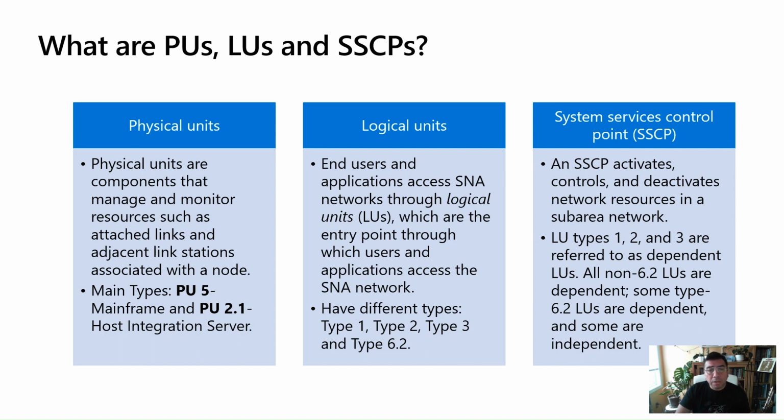For instance, we have type 1, type 2, type 3, and type 6.2. Some of these types cover screen-based interactions, some other printing interactions, because in the past mainframes managed the printers as well. And there are also the ones that support application exchanges, like the type 6.2, which is the type that we will be mostly speaking about in further slides.